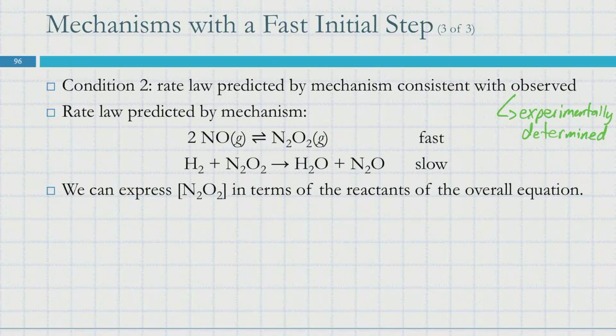So this is where we get to have some fun. For our elementary steps, we can just write out our rate laws. So for this fast step, this is a little tricky because we've got this equilibrium that helps us out here.